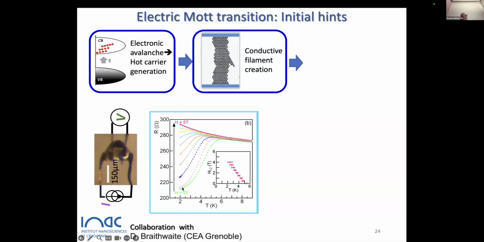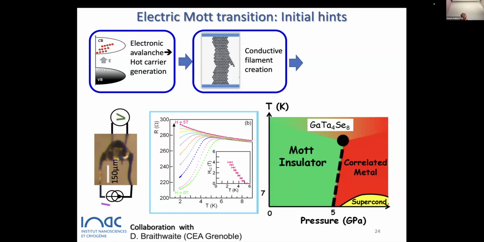This would mean that by applying an electric field, we probably tune such a system into the correlated metal state. If you look further down this phase diagram, at low temperature it will be superconductive. However, it just gave us initial hints about what the nature can be.